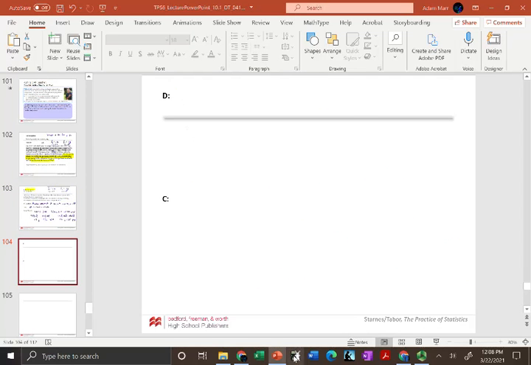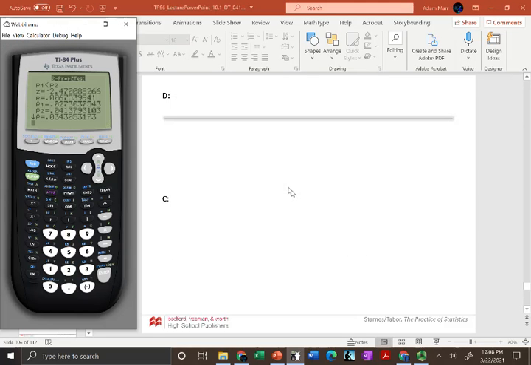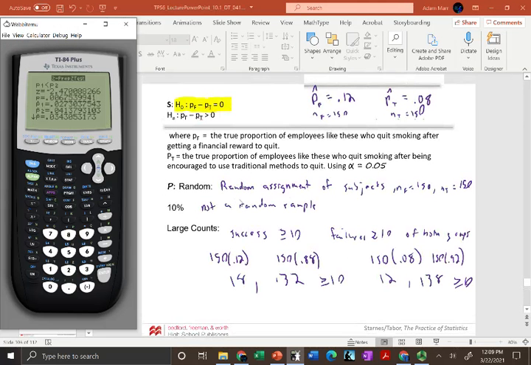I'm going to use my calculator. Remember what we do: we go to STAT, then TESTS, and then 2-PropZTest. Don't use the sample version, because that requires the population standard deviation, which we don't have. Let's put the first one in.